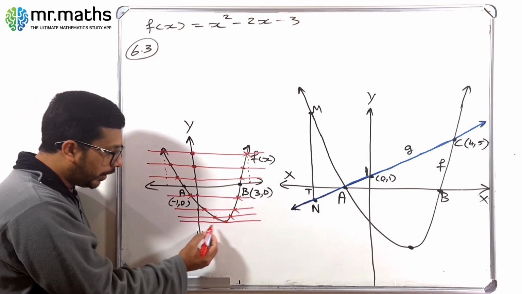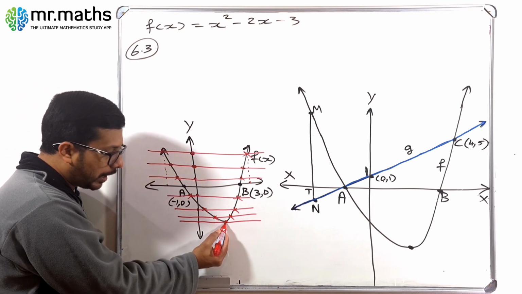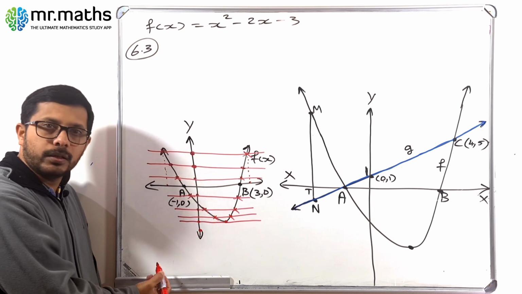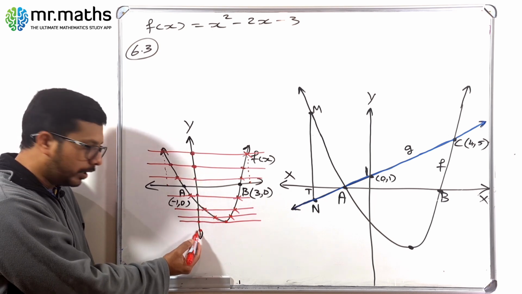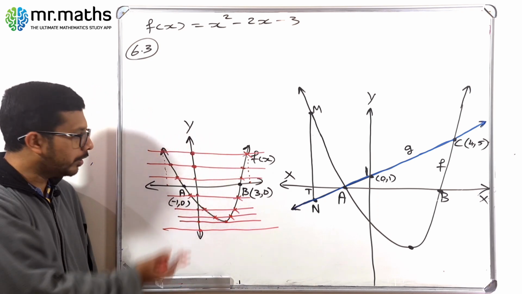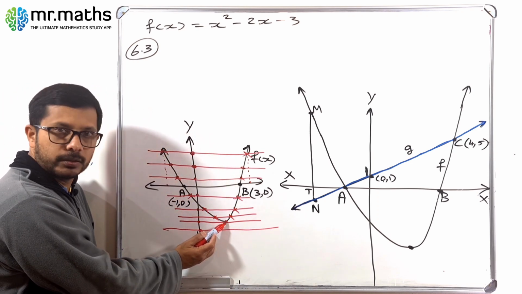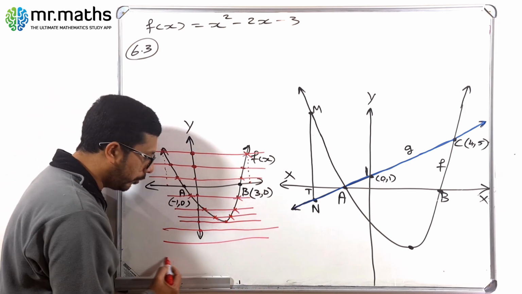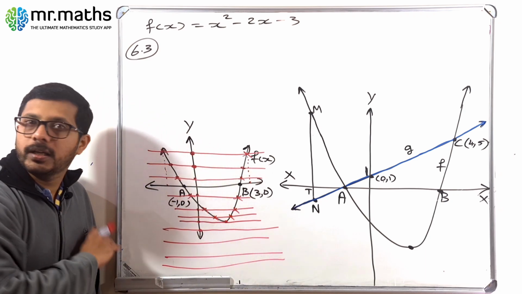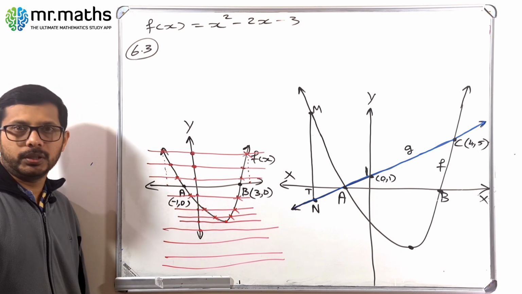But if I take a y value somewhere after this point, somewhere here, can I find a point on the graph? There is no graph here because the graph finishes up to here. Am I right? So if I take anything beyond this turning point, I can't find any point on the graph.